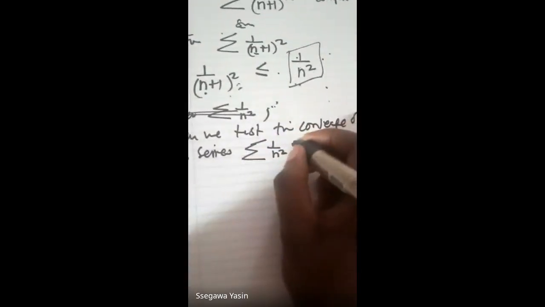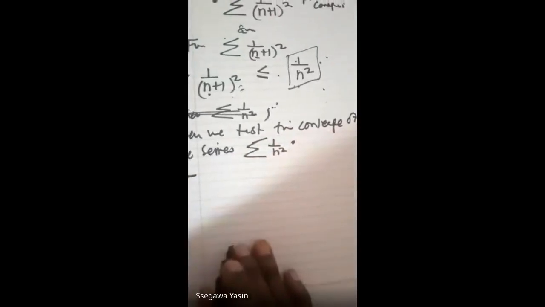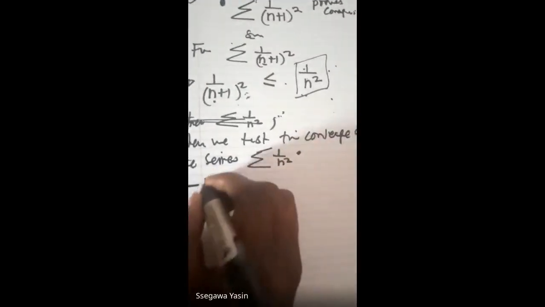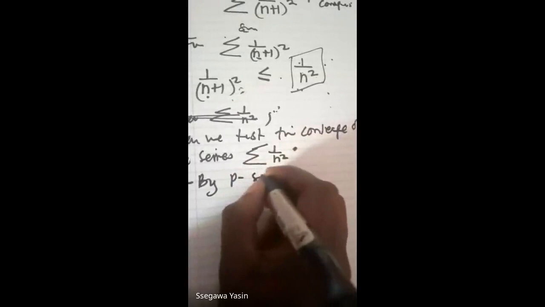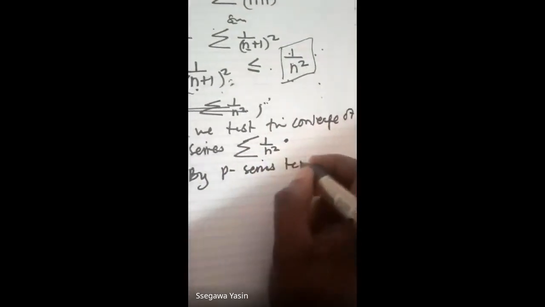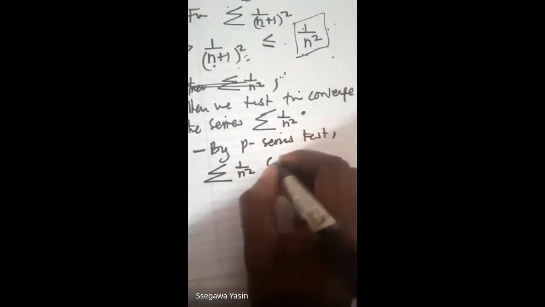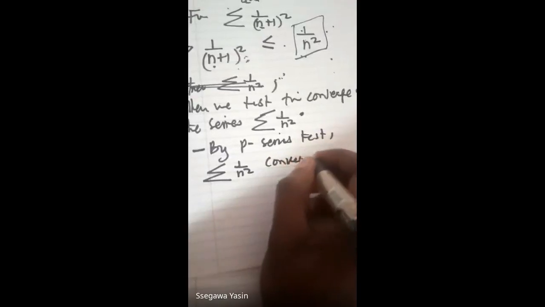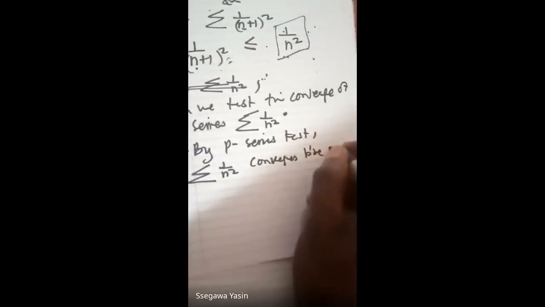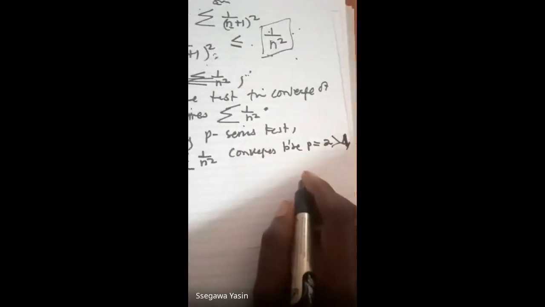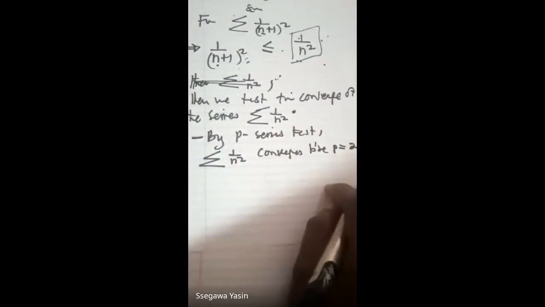So this is what we are testing. You are free to test using any method you want. By the P series test, this one here, 1 over n squared, converges. Because P is equal to 2 and it is greater than 1. So you see that the P series test can help us know so fast.